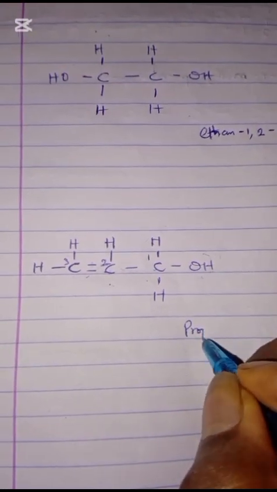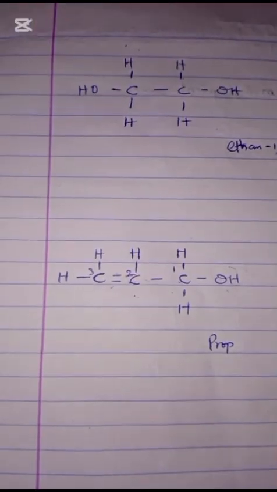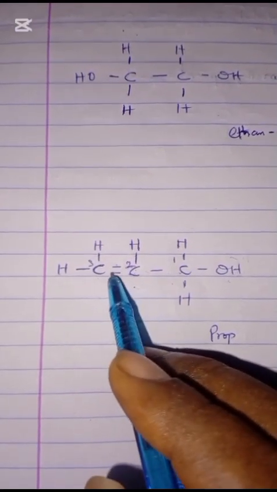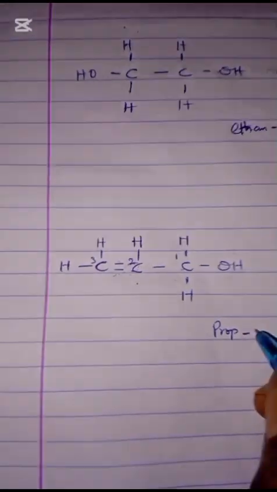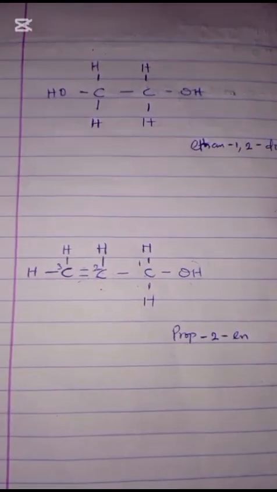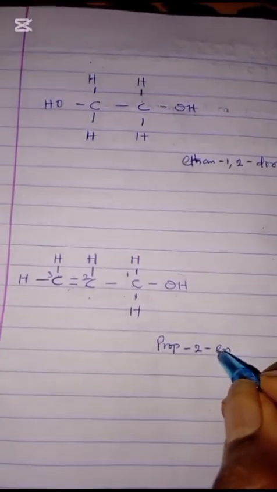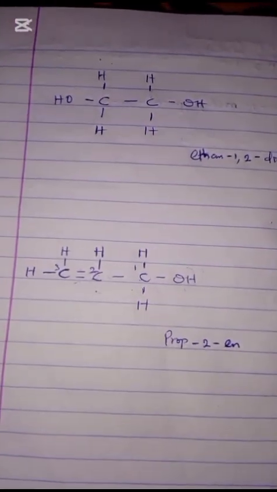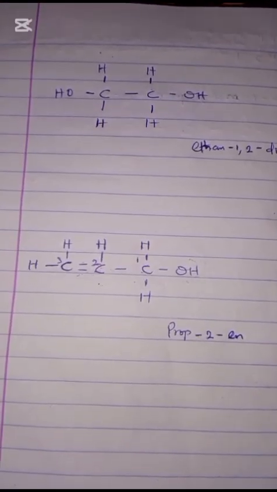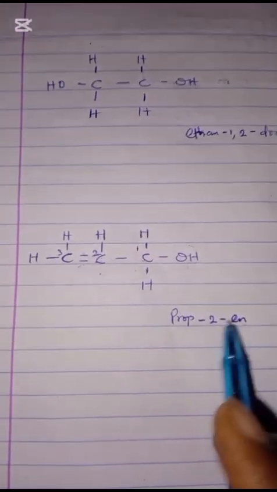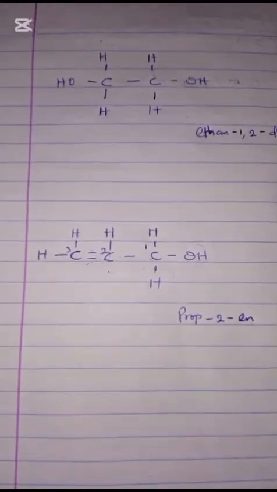Now, the double bond is between carbon 2 and carbon 3. That gives you prop-2-en. Remember that double bond attests to the fact that we have ene, that is the alkene. So we have prop-2-ene.